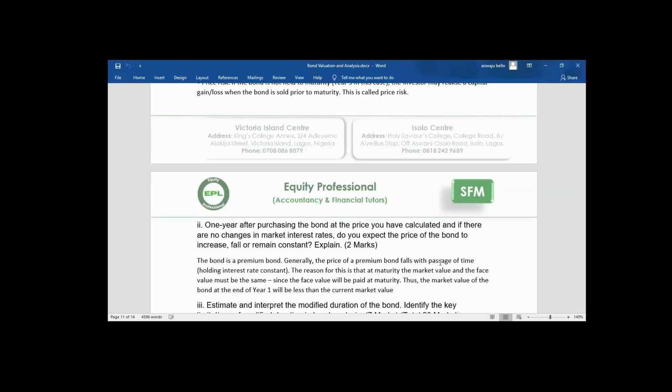Generally, the price of a premium bond falls with the passage of time.